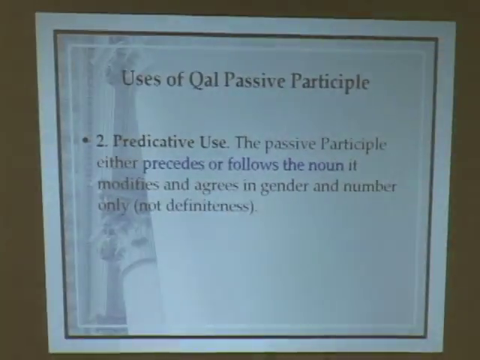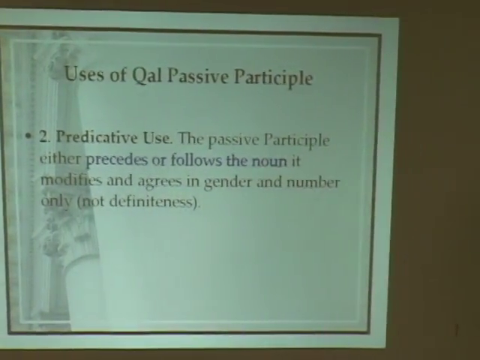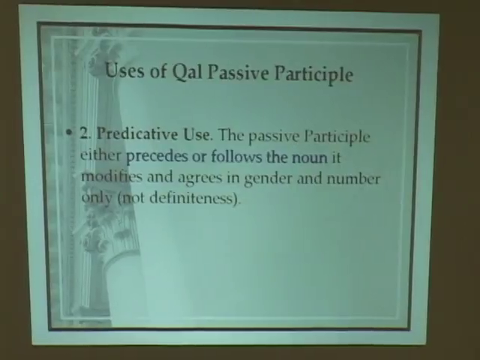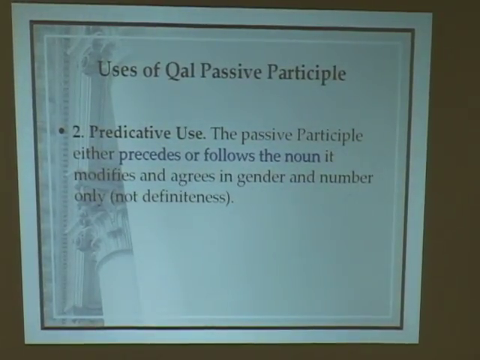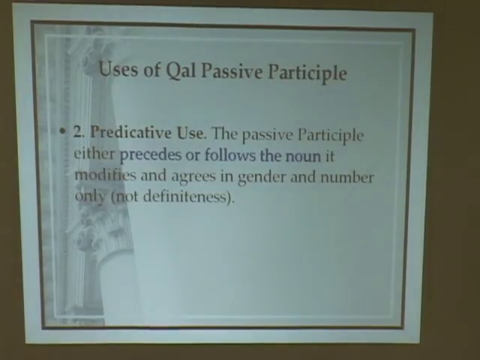Next example of a Qal passive participle, when it's used predicatively. The passive participle either precedes or follows the noun it modifies and agrees in gender and number only, not definiteness. So just like with the active participle, only in this instance it could either precede a noun or follow it. Okay?